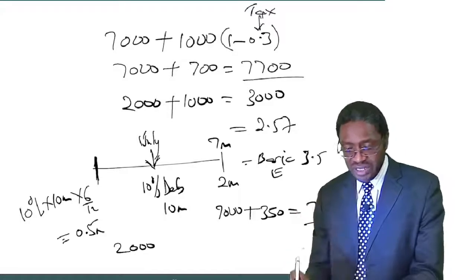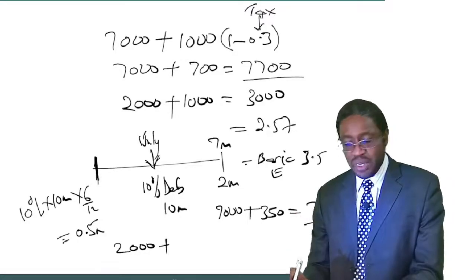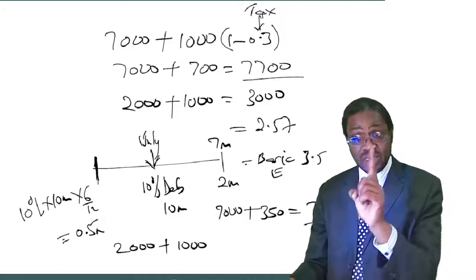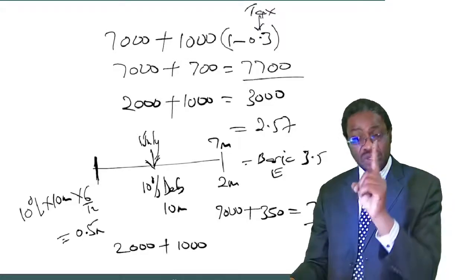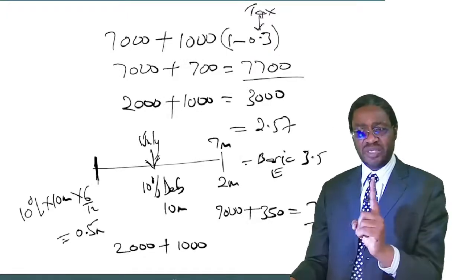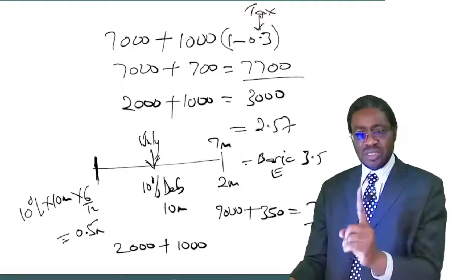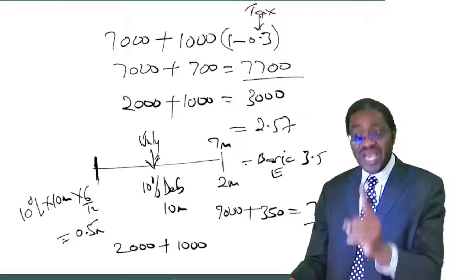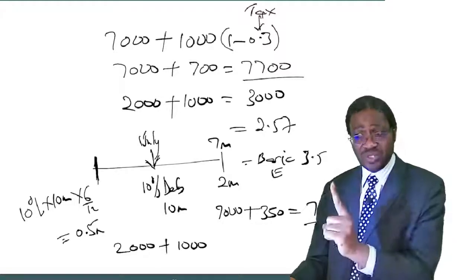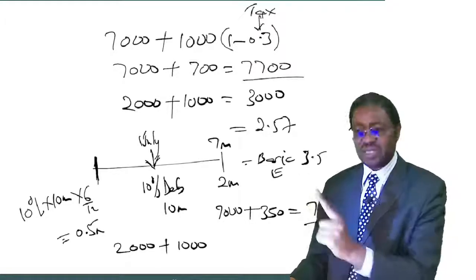So I take plus the 1 million shares I would have issued them. But you remember we talked about this when we were discussing basic EPS. The rule says, when shares are issued on conversion, they must be weighted on time basis.